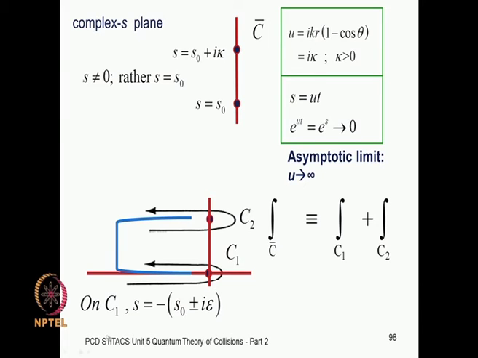So on the contour C1, s will be minus s0 plus or minus i epsilon, and over C2 it will be the same, but you will have to add i kappa to that. So here it is the same, but you have added i kappa on the curve C2.